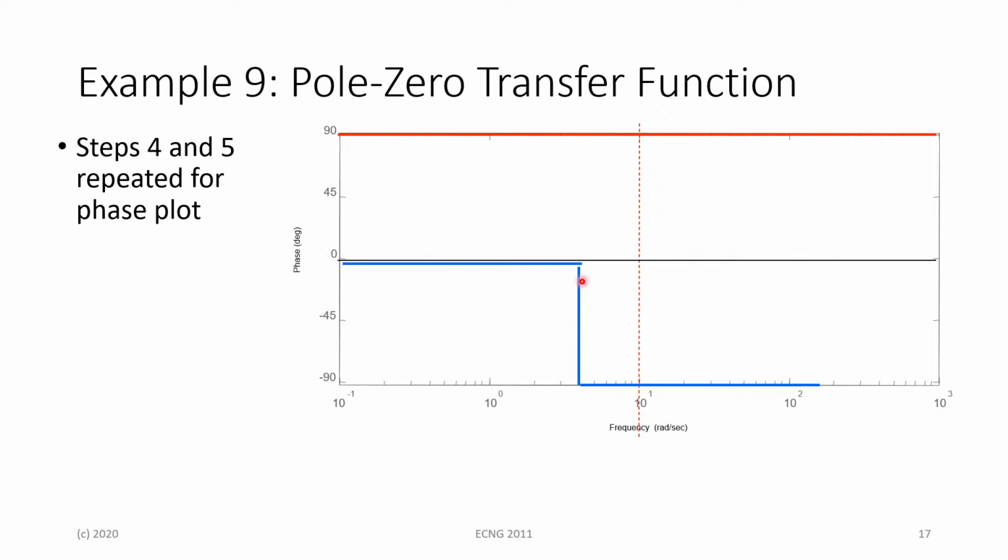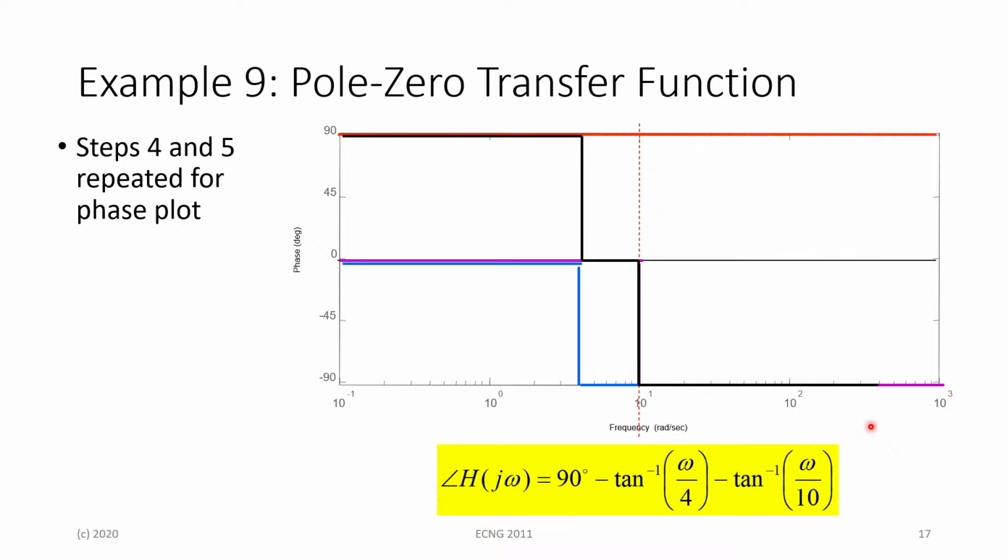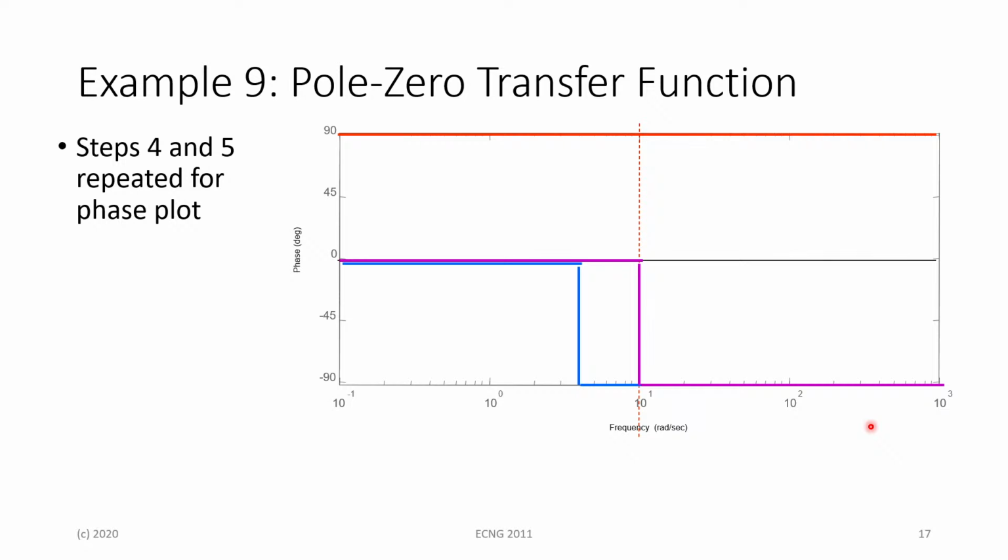And the sharp transition here is going to be represented by this vertical line. For H3, everything before omega equals 10 is going to be at 0 degrees, and everything after omega equals 10 is going to be at minus 90 degrees. So, okay, let me go back one step and let me annotate this so that you guys can keep track.